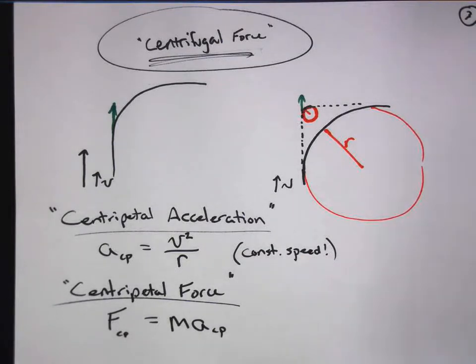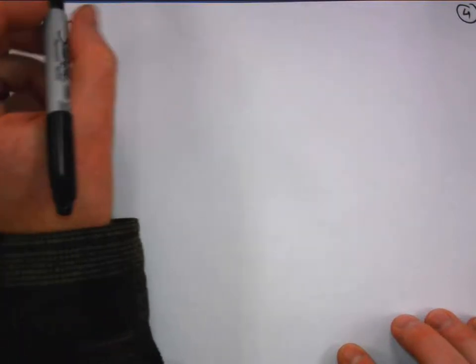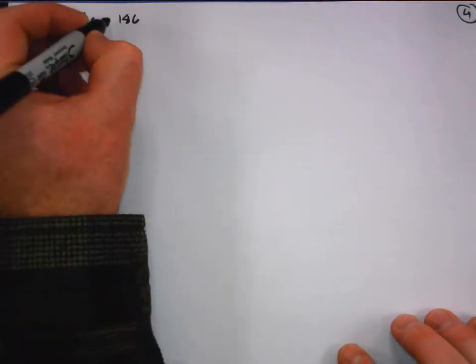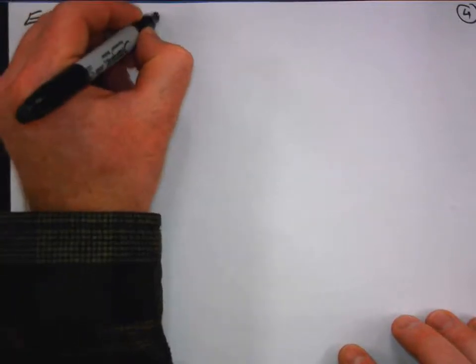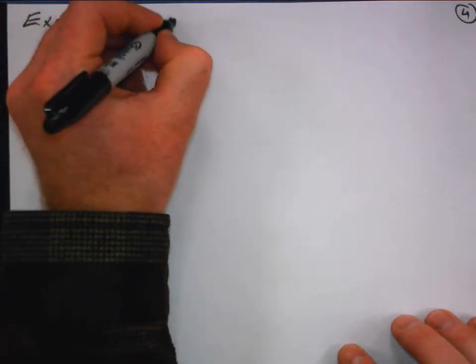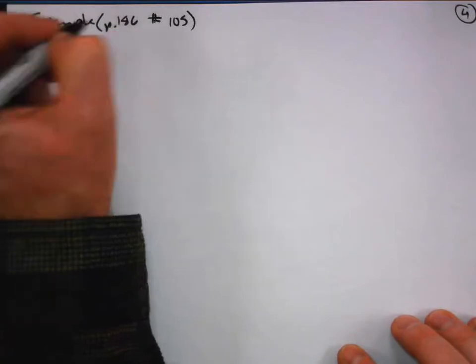Okay. So what does this mean for us? We'll work through an example or two, and we will figure this out. So much of physics is learned through examples. The first example here, actually I'm stealing this from the textbook. This is going to be page 186, number 105.